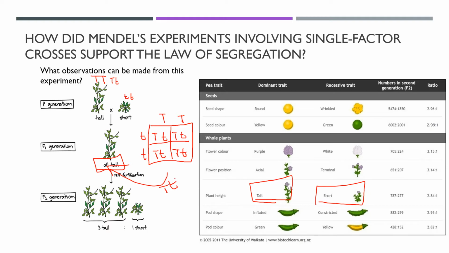And so then what they did is they took 2 of these guys and they cross-pollinated them to get this. So let's do this one. Let's do it in blue. So big T, big T, little t.